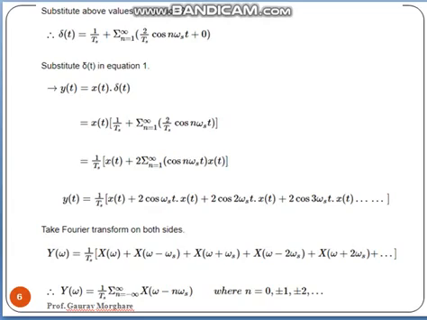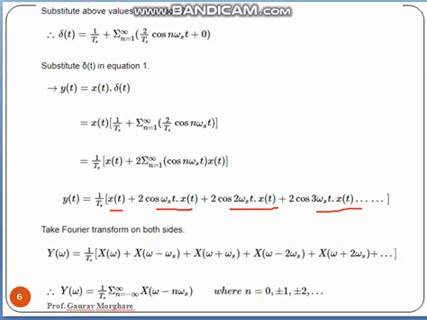So what is this y(t) representing? Y(t) is just representing the factors of x(t) multiplied with cos(omega_s t), x(t) multiplied with cos of twice, thrice and so on. So what is this showing?